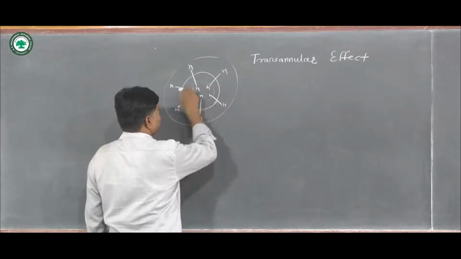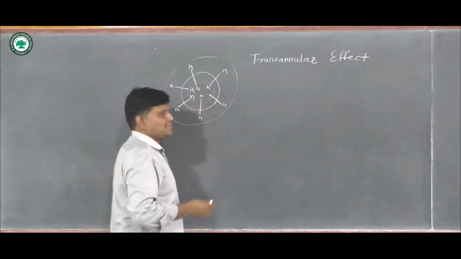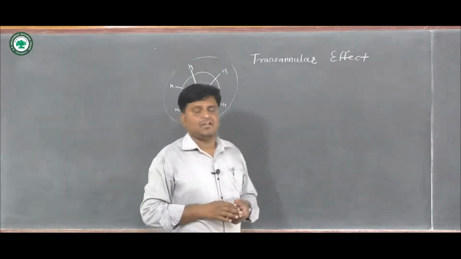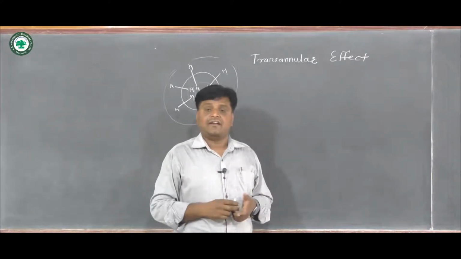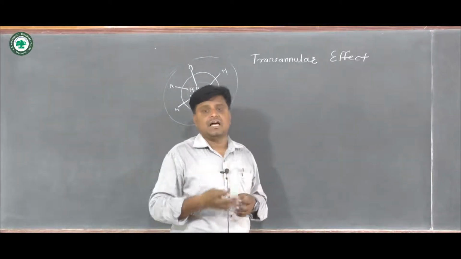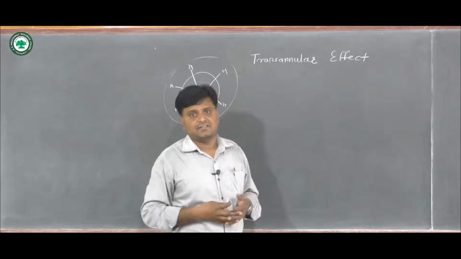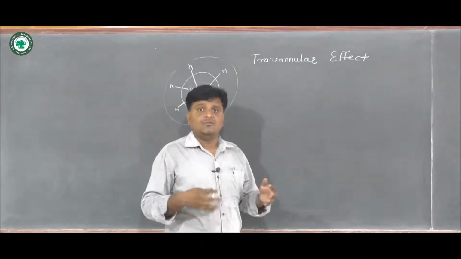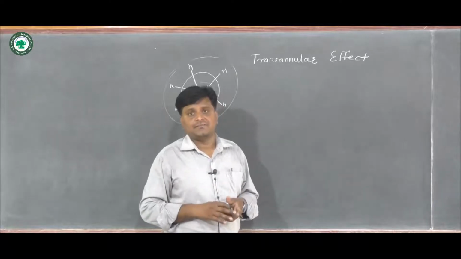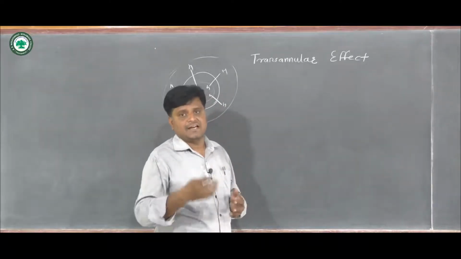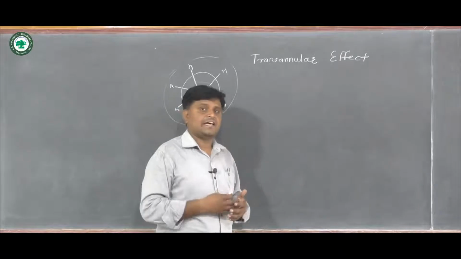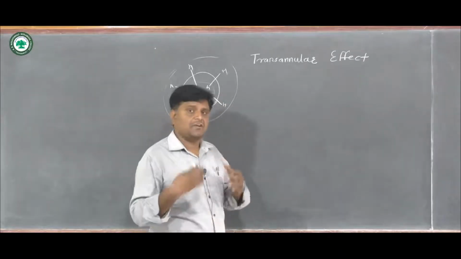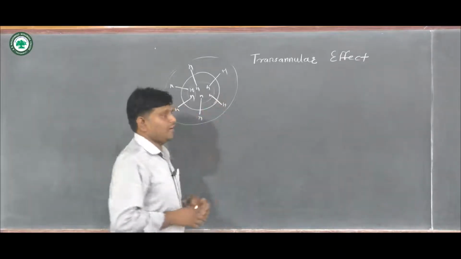Here you see these protons are very close to each other, and at that time they give some interactions, and that interaction results in chemical changes or a chemical reaction in the compounds, and we get an undesired product instead of the desired one. Or along with the desired product we get a different, undesired product due to the transannular effect.